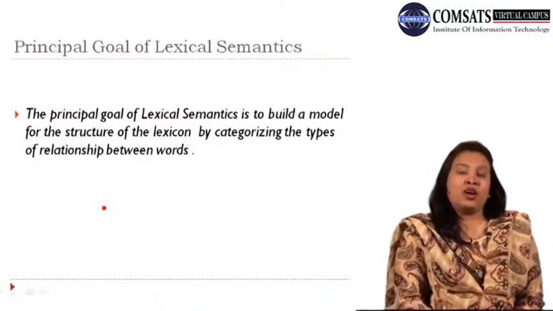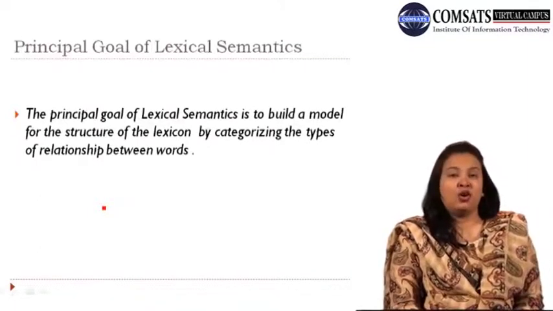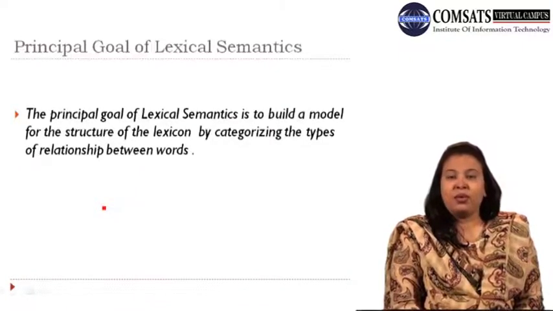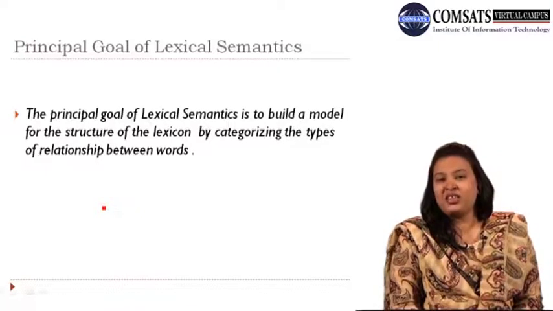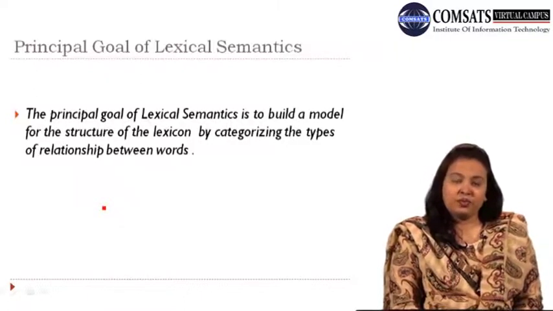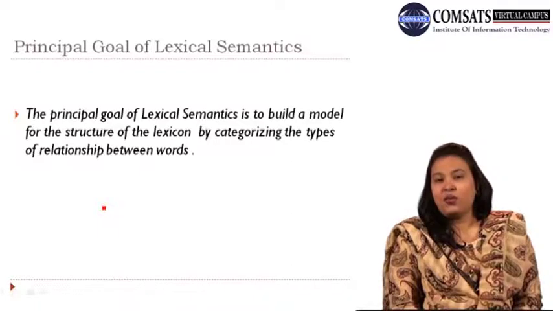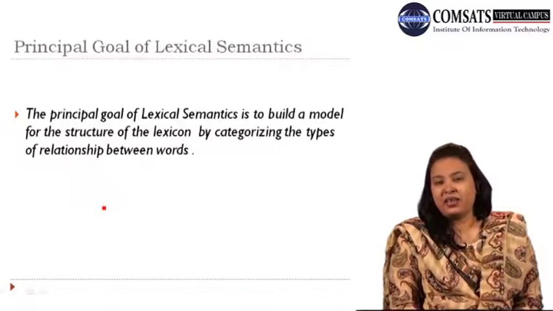Yes, the most important objective of lexical semantics is not just to study the meanings of words, but rather, on the basis of these meanings associated with words, to categorize words, to label words, to put words into different categories. And this categorization of words into different categories is actually the basic purpose or the principal goal of lexical semantics.